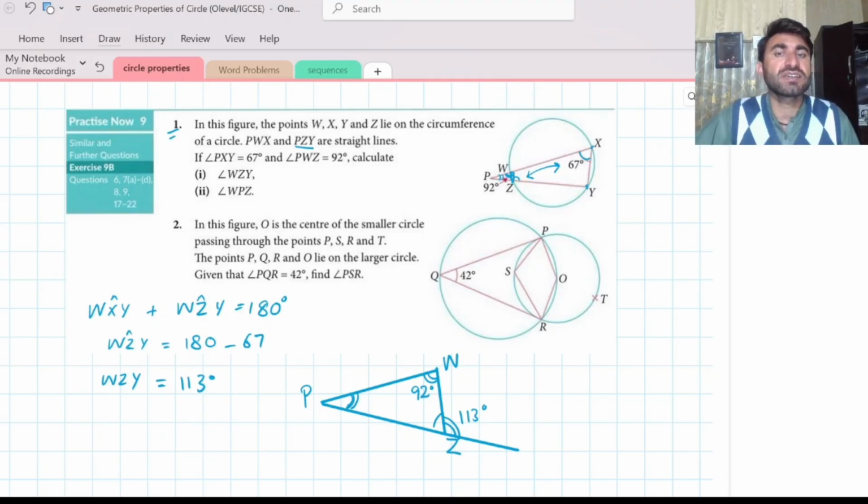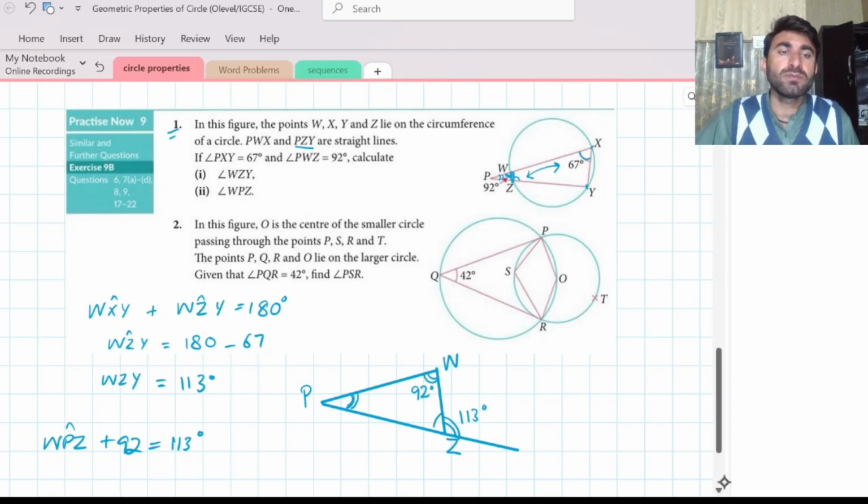So I'm going to use the exterior angle property, and that is the exterior angle of a triangle equals the sum of the two opposite interior angles, and the opposite interior angles of 113 are 92 and WPZ. So I can say that WPZ plus 92 equals 113 degrees.